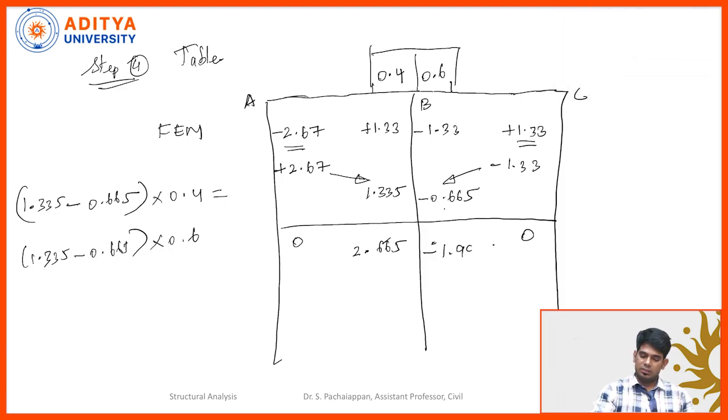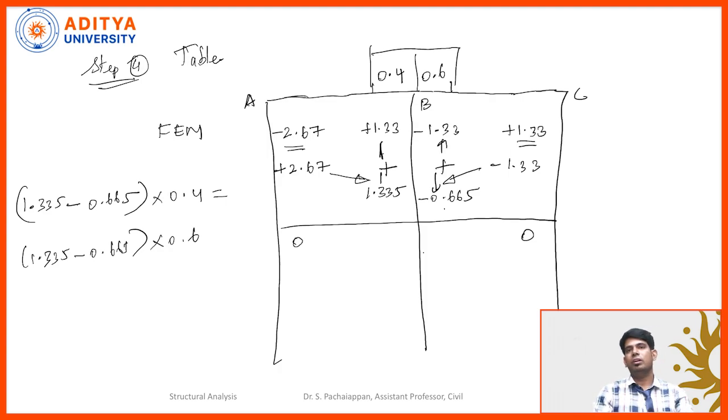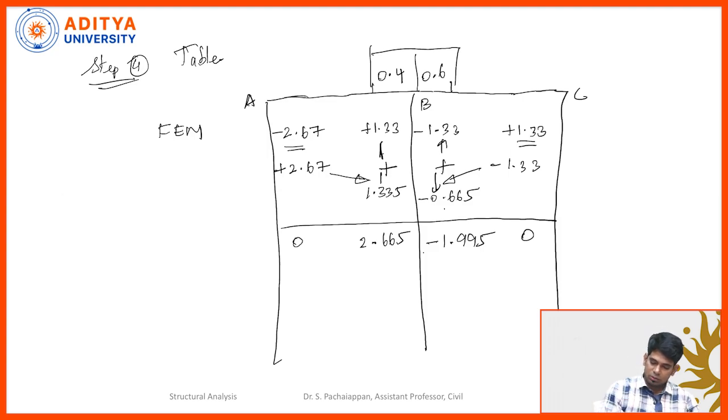Let me clear this. So that step is we need to sum up these values. So what value we need to sum up? This value and this value plus this value and this value plus. Then only we need to do the operation what I have done here. So let's add this value. We'll be getting 2.665 as the summation of this and the summation of this is minus of 1.995. Now I am going to do this operation. So what I have to do?